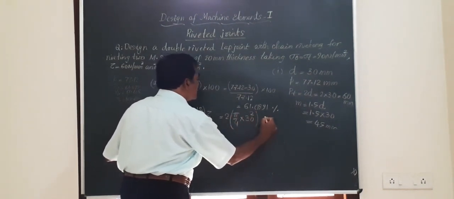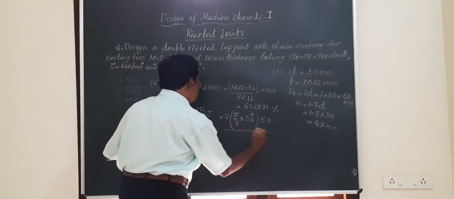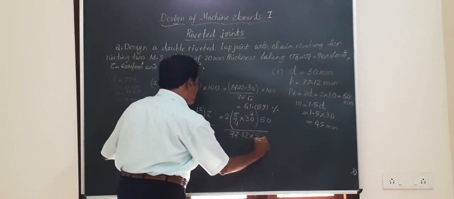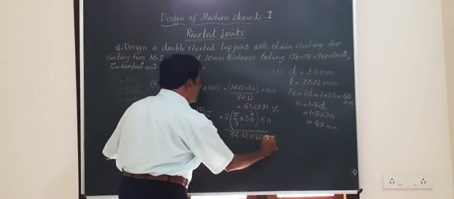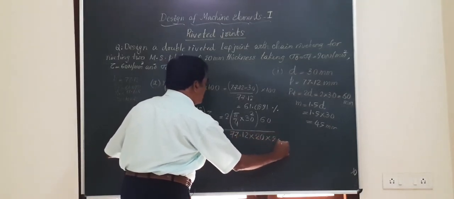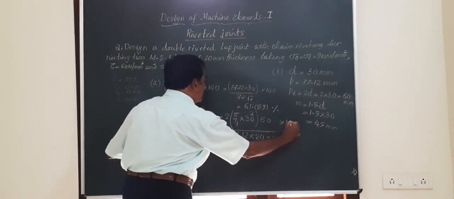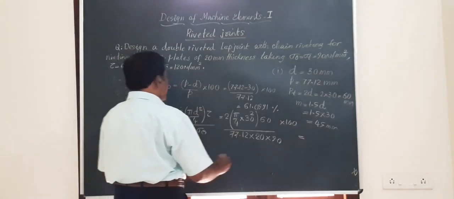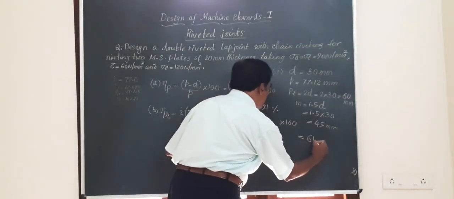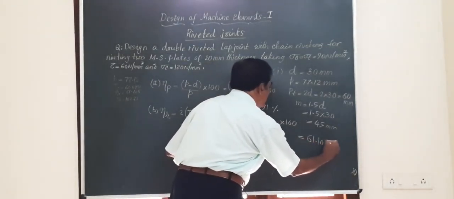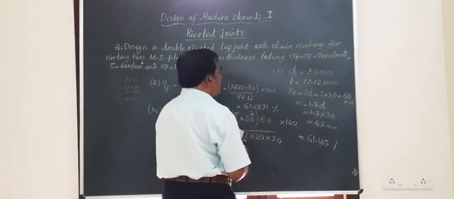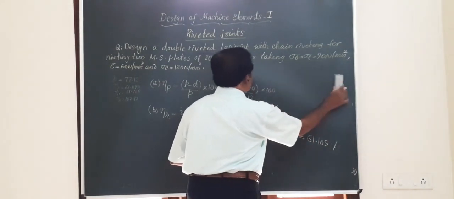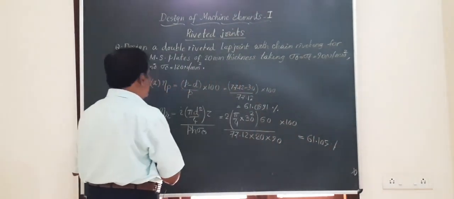Then shear stress is 60 MPa, divided by pitch 77.12. The thickness of the plate is 20 mm and the tensile stress is 90. If you multiply it by 100, friends, you get this answer as 61.105%.